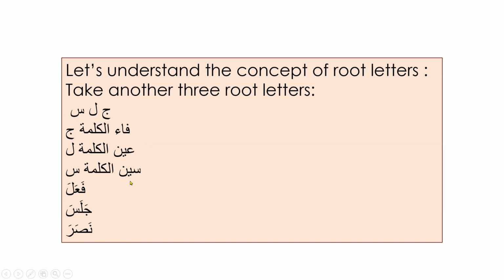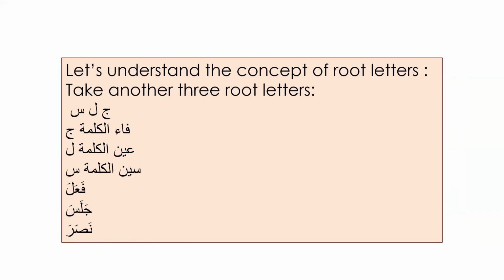There is a typo here. I'll correct it, inshallah. And see here, jeem, lam, and seen: by putting these root letters, fa'ala becomes jalasa. And now this nasara, we are going to conjugate it for the pronoun chart, right? Inshallah.